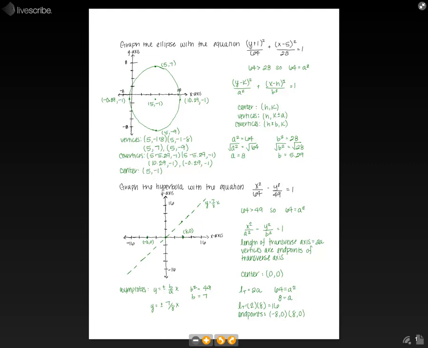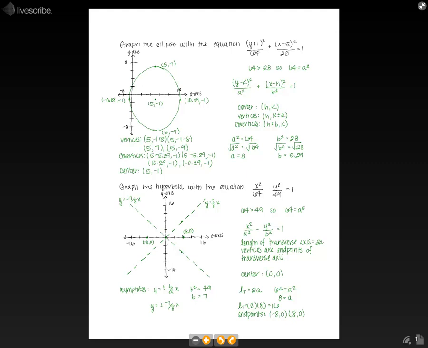For y equals negative 7/8 x, when we go 7 to the right, we need to go 8 down. That's going to be a point right here, and it's also going to cross 0, 0. So we can draw that line in. That represents y equals negative 7/8 x.